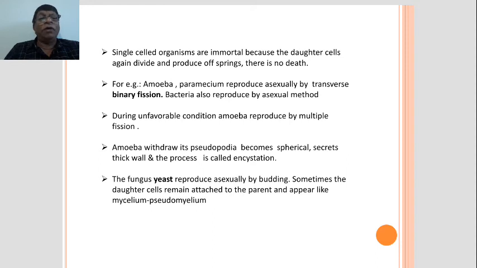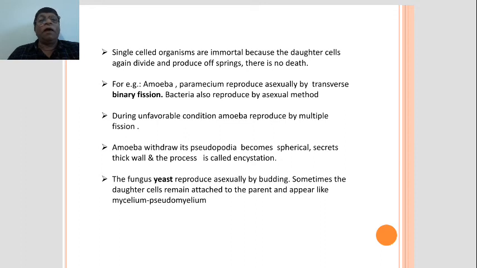See the diagram. The nucleus elongates. Then it divides into two daughter nuclei. It is followed by cytoplasmic division and produces two daughter cells. These two daughter cells are similar to the parent cell. This is how amoeba reproduce asexually by binary fission.